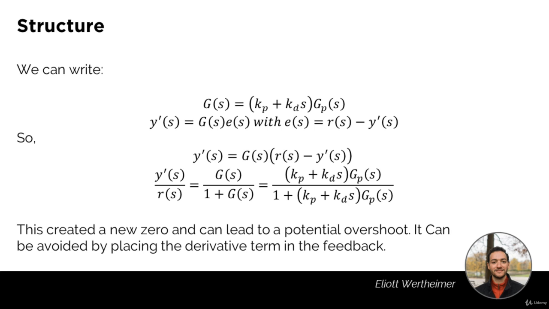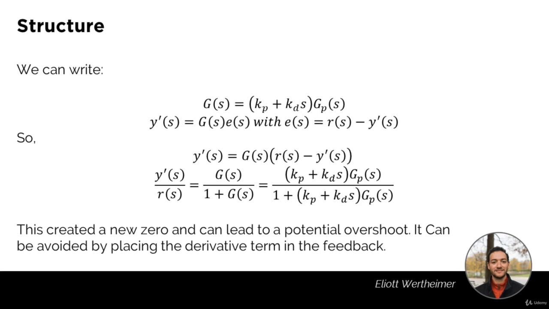Let's look at the structure of this kind of system. So as usual, the open loop transfer function is G(s), and it is the controller transfer function multiplied by the plant's transfer function. So here it is G(s) equals Kp plus Kd multiplied by s because of the differentiation, multiplied by the plant transfer function.